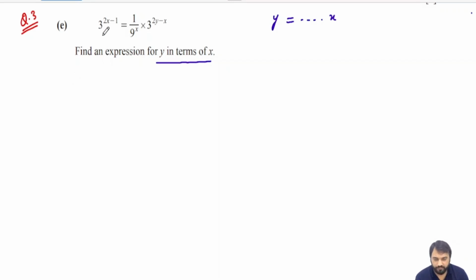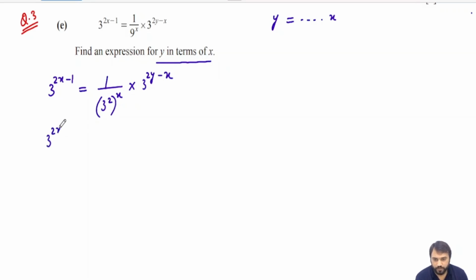First, convert every base into 3. This is already in 3, this is also, but this is not in 3. So 9 can be written as 3 square. 3 raised to power 2x minus 1 is equal to 1 over 3 square into 3 raised to power 2y minus x. Bring it up, the sign will change.